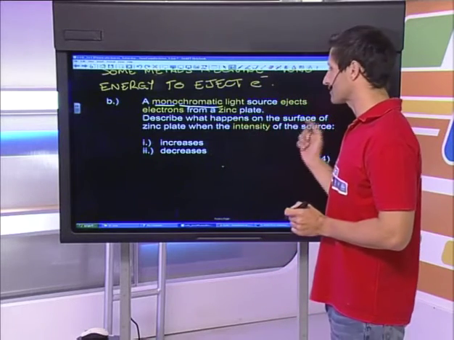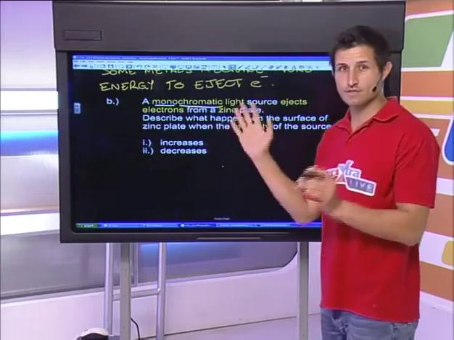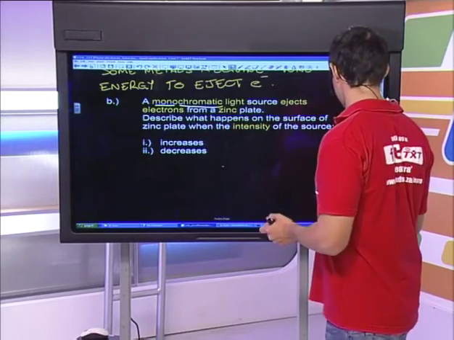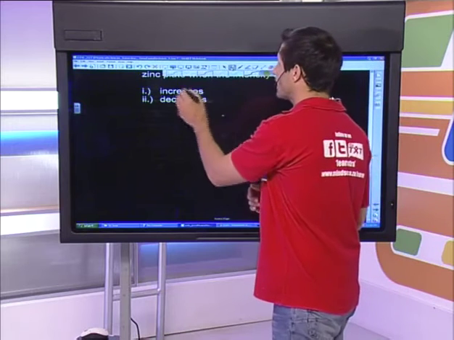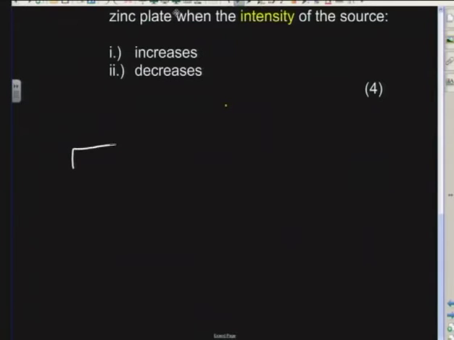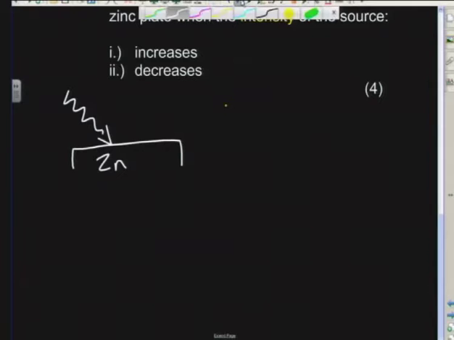Okay, now think about this. Describe what happens on the surface of the zinc plate. Let me just draw this out, because I like drawing. Even though I can't do it fantastically well, I like to visualize what's happening. So here we've got my zinc surface. In comes my photon of light. Very often it's drawn as a squiggly line to represent that it's still got some sort of wave property. But basically I've got a photon of light with hf energy, that's Planck's constant times the frequency of the light.